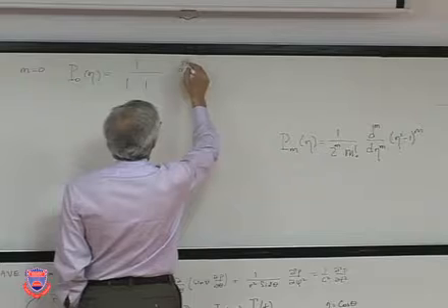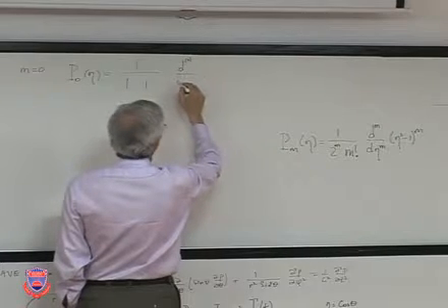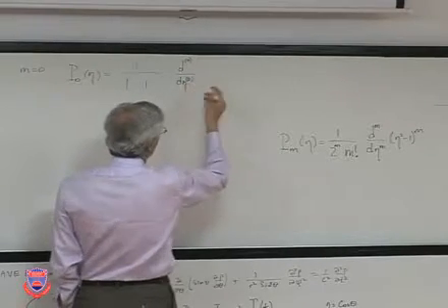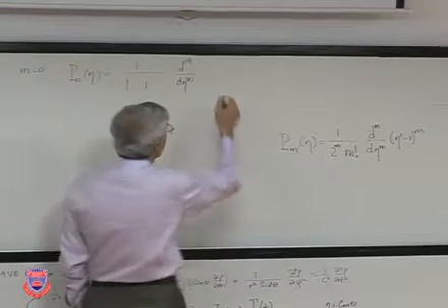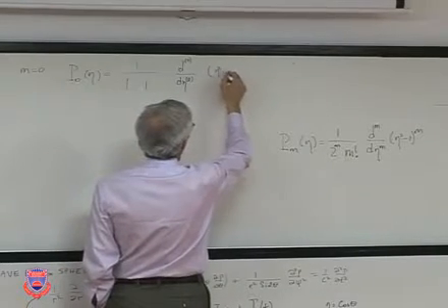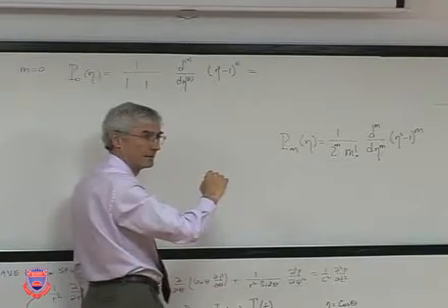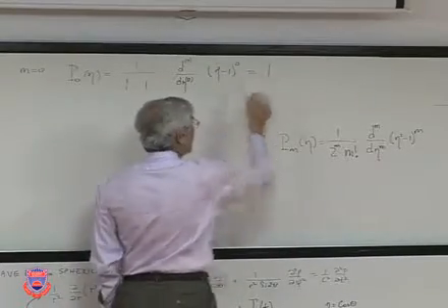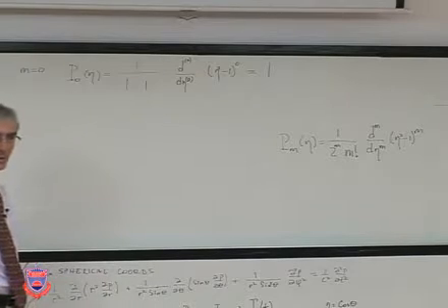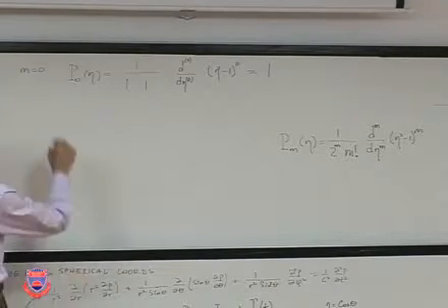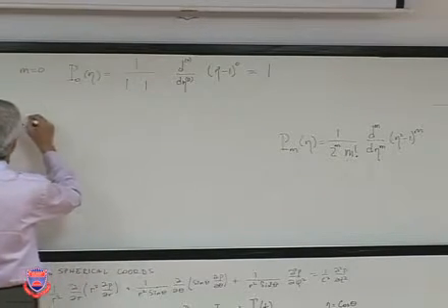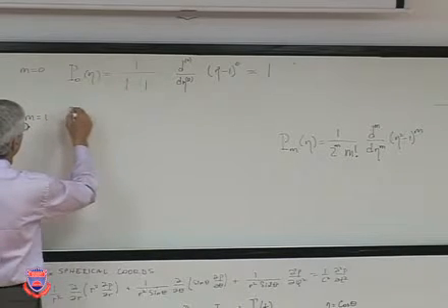And d to the 0. This is no derivative, right? Exactly. So the first value, P0, is equal to 1. Sorry, the 0th value.